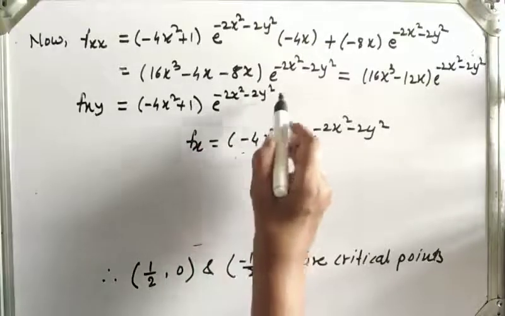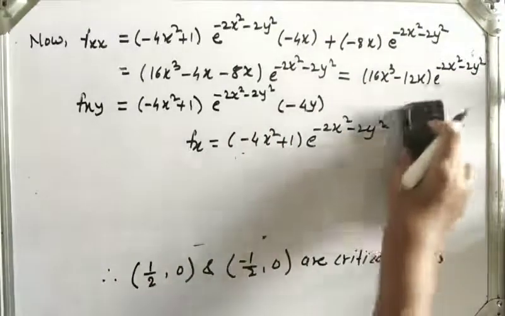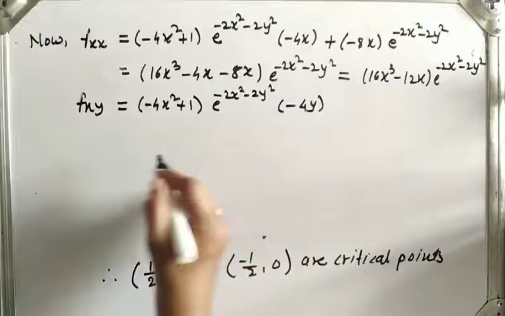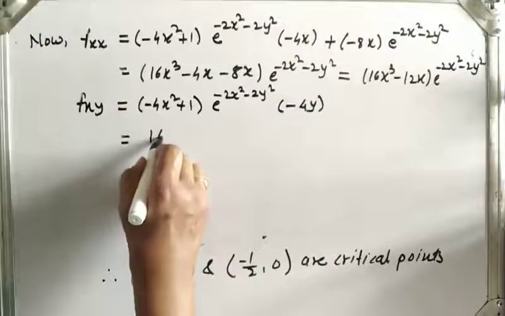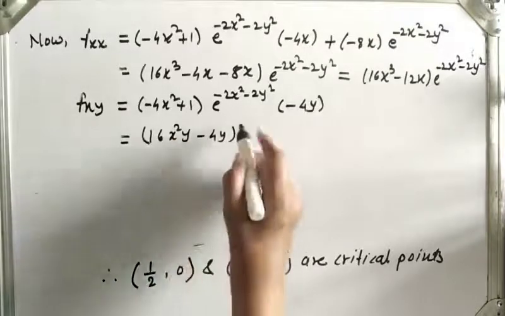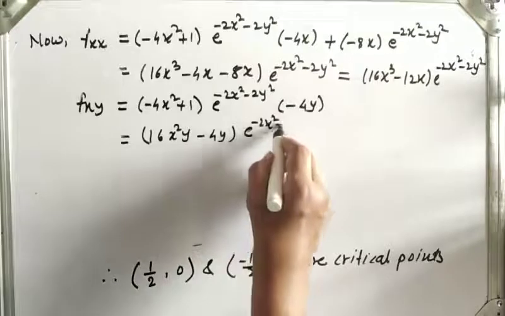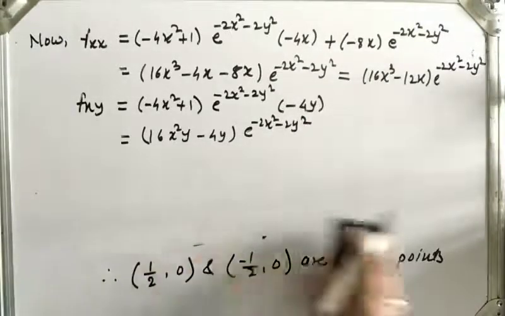Again derivative of this with respect to y will be minus 4y, so multiply by minus 4y. So it will be 16x square y minus 4y into e raised to minus 2x square minus 2y square. Okay, it is our fxy.